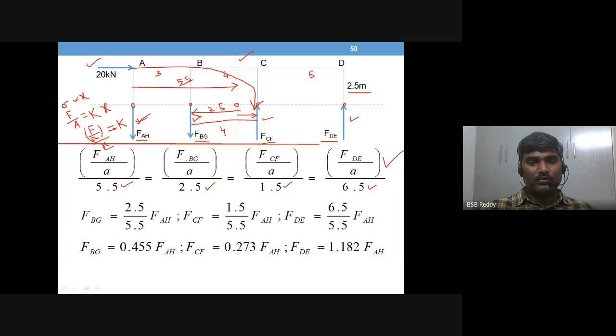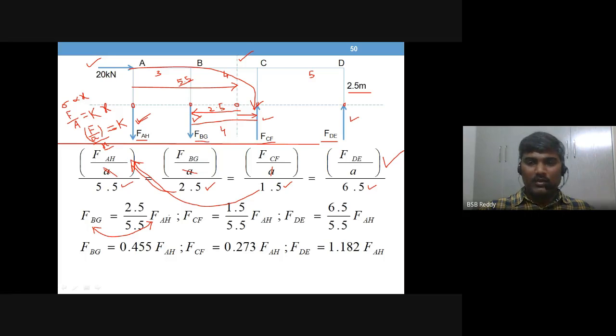So what I do, I write FBG is equal to, what happens? 2.5 goes to the numerator here, and A and A get cancelled. So 2.5 divided by 5.5 into FAH. This is the relation between these two column axial loads. Same way for this one: 1.5 goes to the numerator, divided by 5.5, and A gets cancelled.